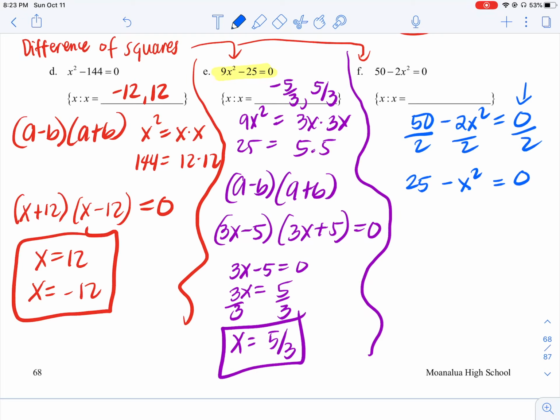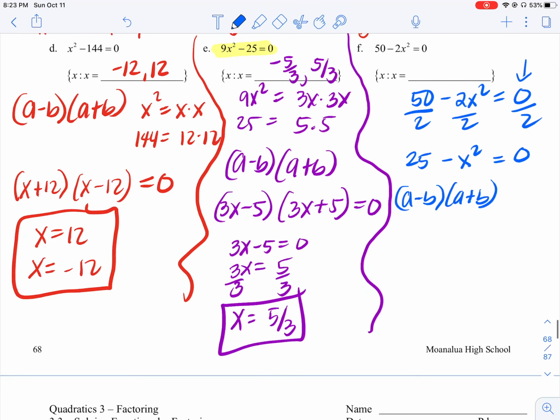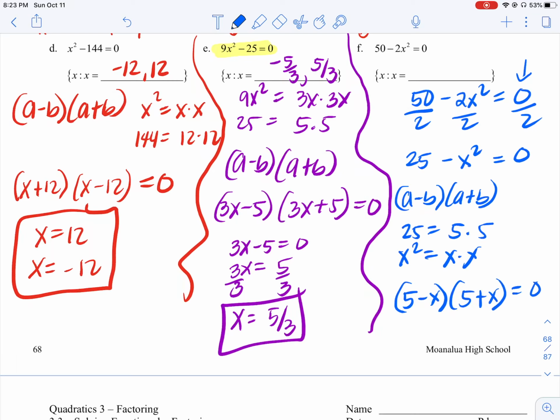Oh, now it's a perfect square, isn't it? Because now we have the 25. So we can follow (a minus b)(a plus b) again, where 25 is equal to 5 times 5, and x squared is equal to x times x. So technically, this is just like a backwards kind because you're going to end up with 5 minus x and 5 plus x equals 0, right?